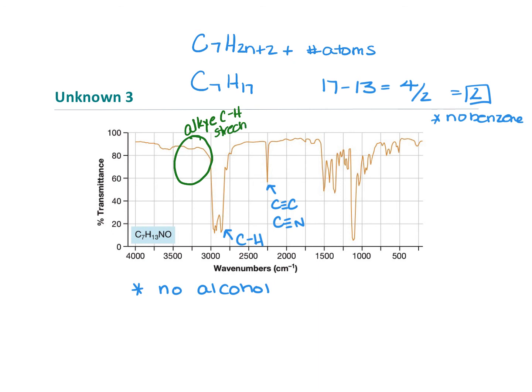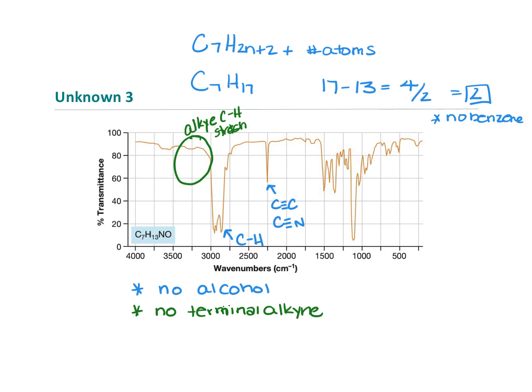And so what we can do then is we can say, look, it's not going to be a terminal alkyne, because a terminal alkyne is the only one that's going to have that triple bond H stretch. So if we have a triple bond, it has to be a triple bonded carbon. It has to be internal.